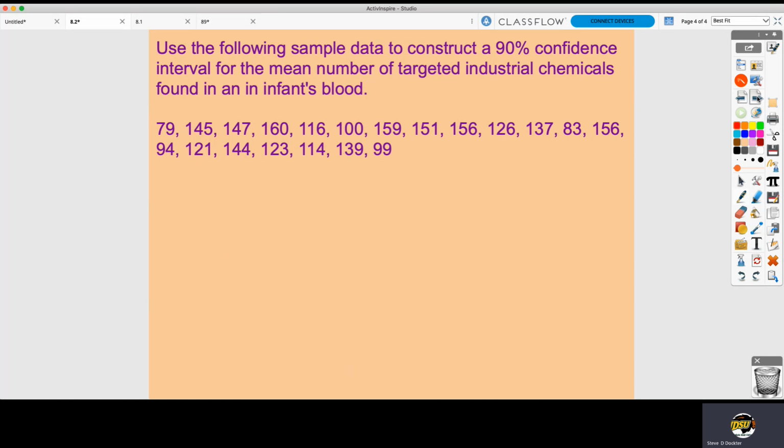How do we do? Did we get it? Eli, you think you got it, huh? Okay, what's your interval? Wait, it's 90%. 117.41 to what?